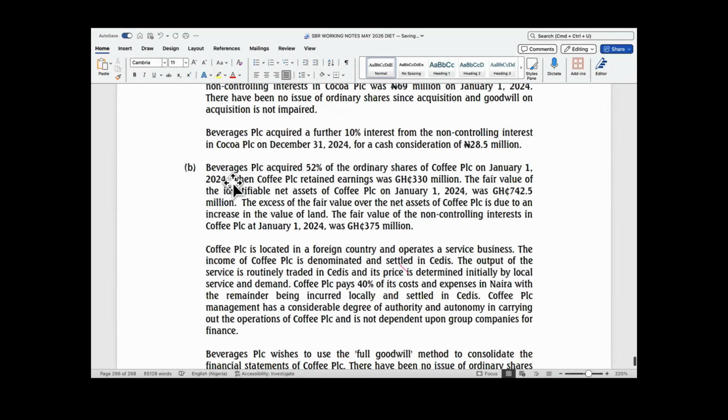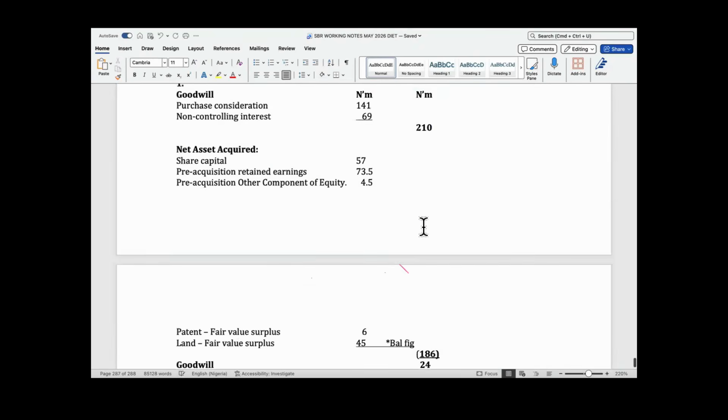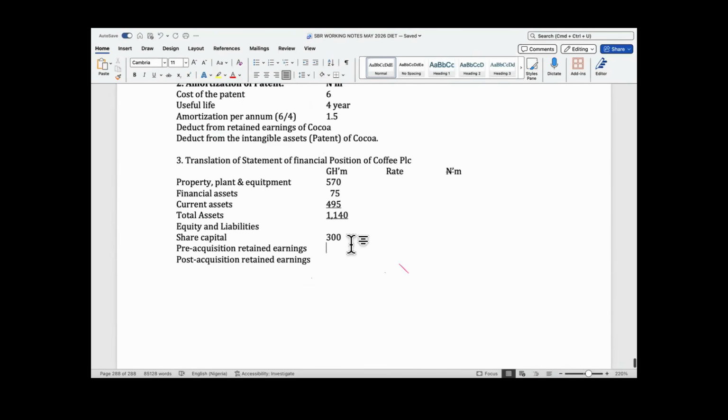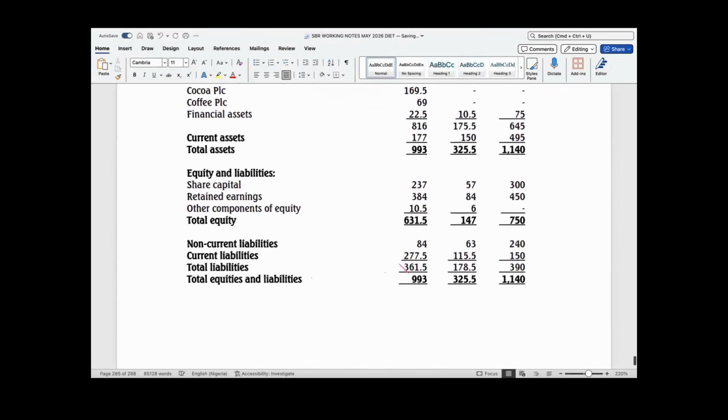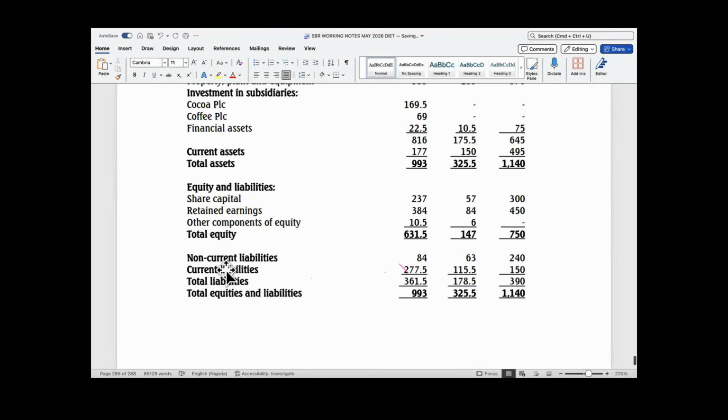Yeah, that's the second paragraph in B. The pre-acquisition retained earnings is 330 Ghana cedis. Out of 450, so this would be 120. Yeah, let me just write it there. Balancing figure, 120. So back to my statement of financial position. I have my non-current liabilities 240.